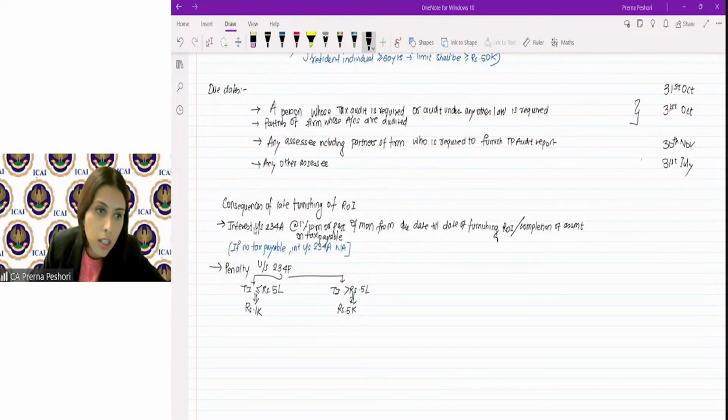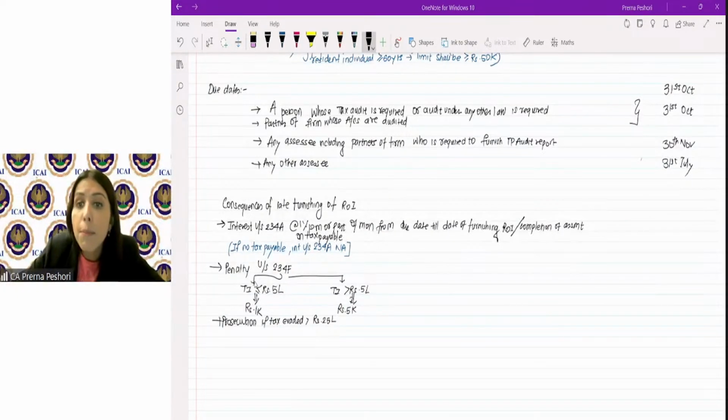So there can be prosecution if the tax evaded exceeds rupees 25 lakh.